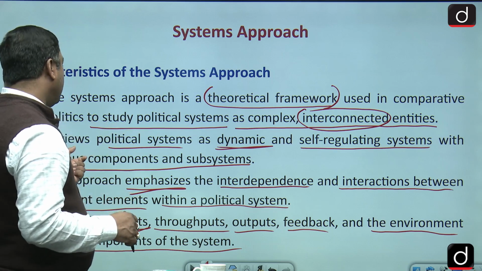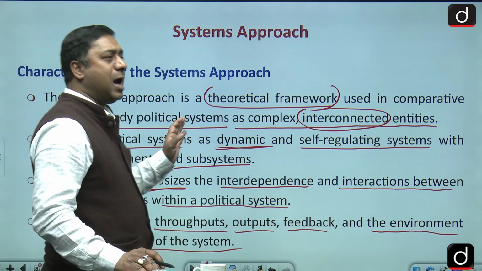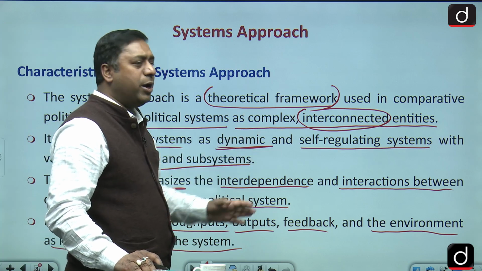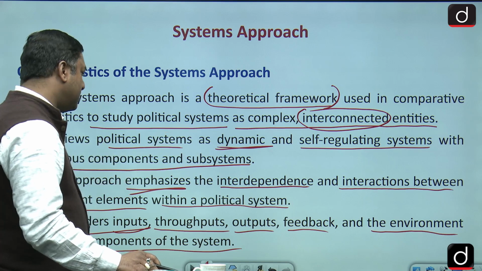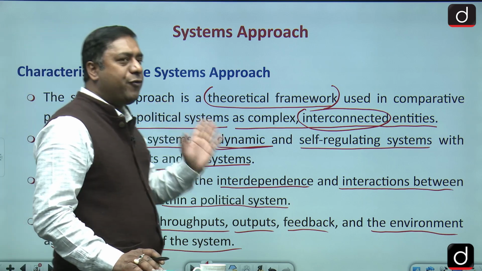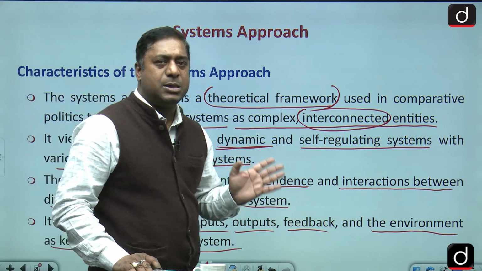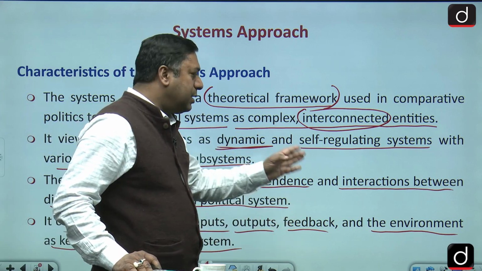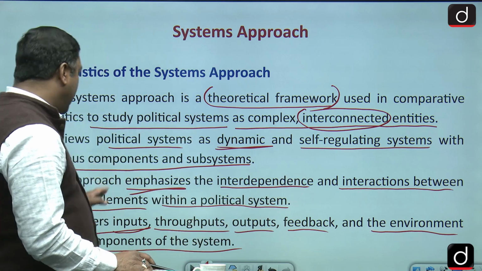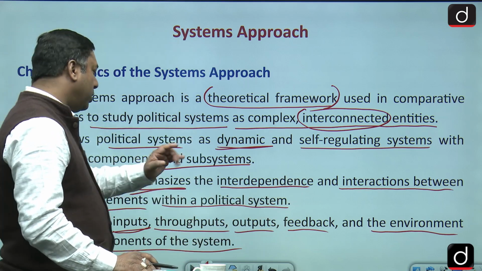Then it views the political system as a dynamic, self-regulating system with various components and subsystems. Plus this approach also emphasizes interdependence and interactions between various elements within a political system.